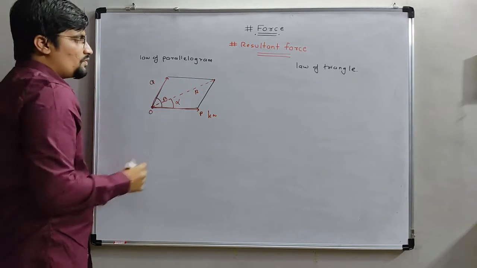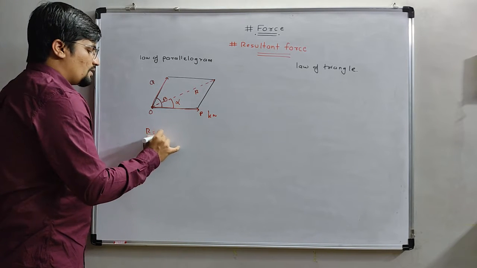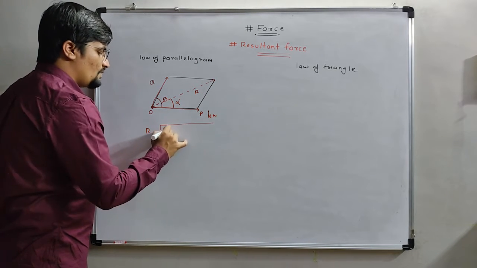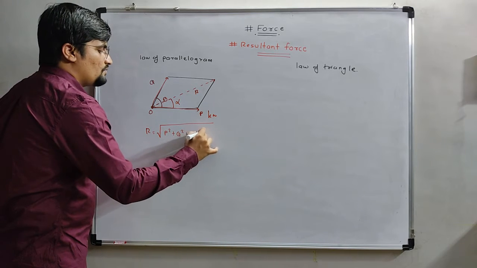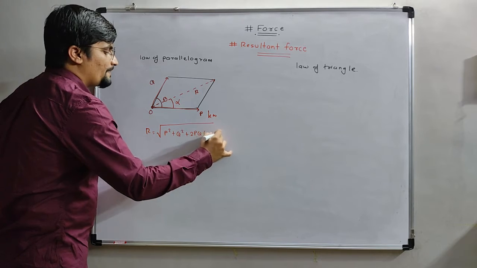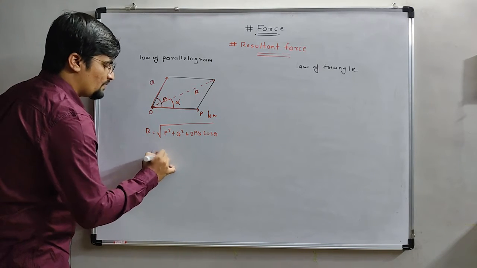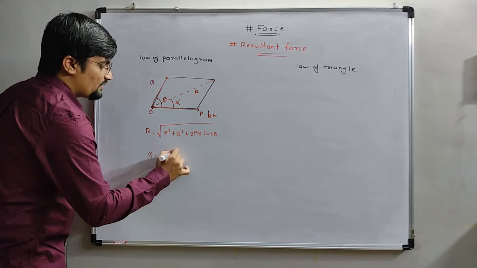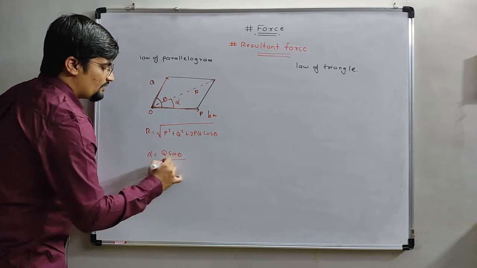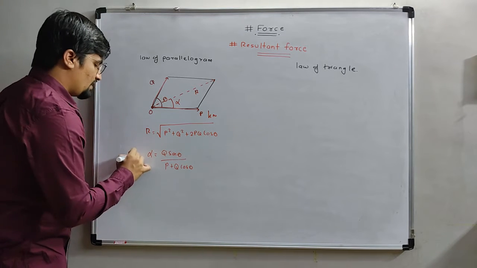So the equation to find the resultant is R is equal to under root of P square plus Q square plus 2PQ cos theta. And the alpha is decided by tan alpha equals Q sin theta divided by P plus Q cos theta.